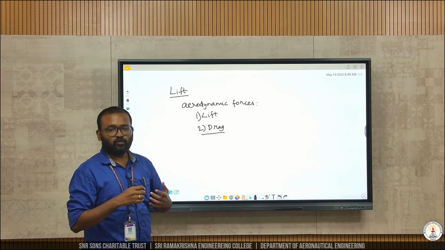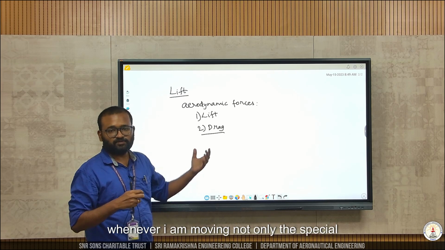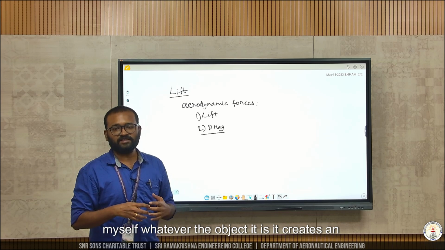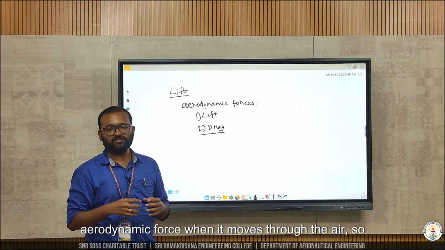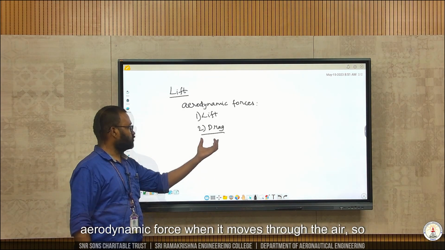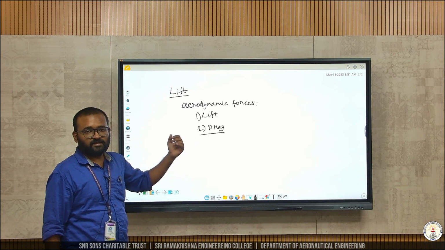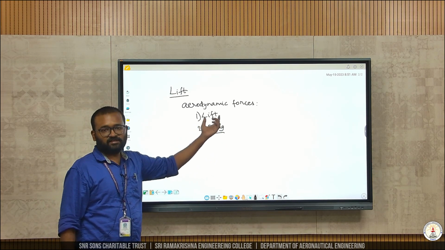So whenever I am moving, not only the special shape that I mentioned, the aerofoil, even myself, whatever the object is, it creates an aerodynamic force when it moves through the air. So that is what you have to know about the force called drag. The next main thing is lift.